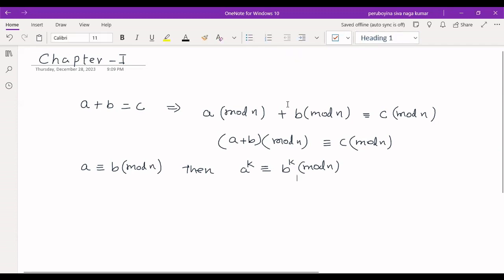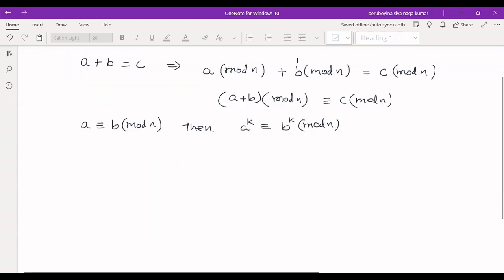It is the same for multiplication, addition, and subtraction. Okay, next, these are the basic concepts.